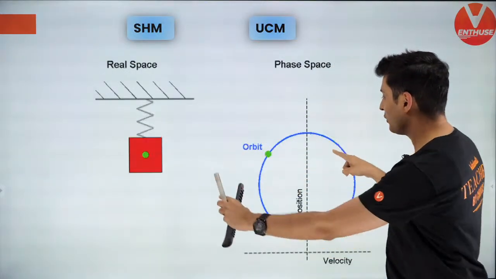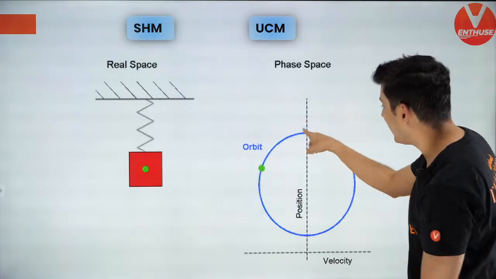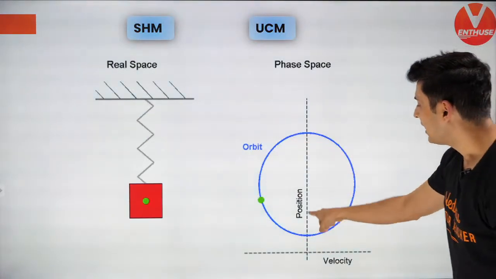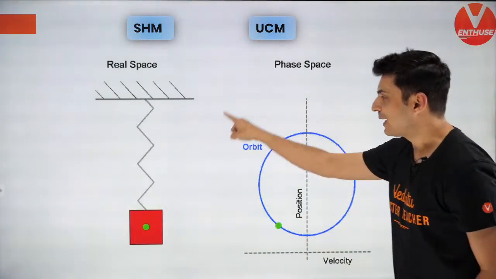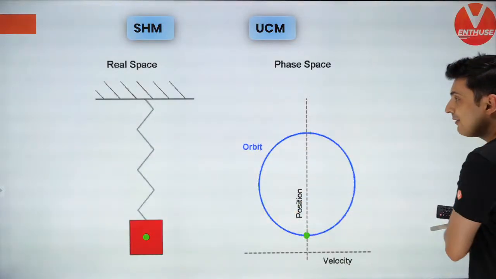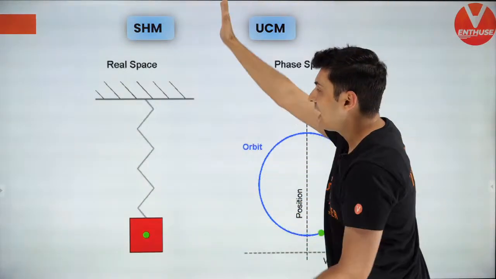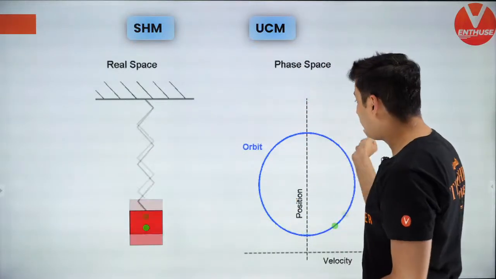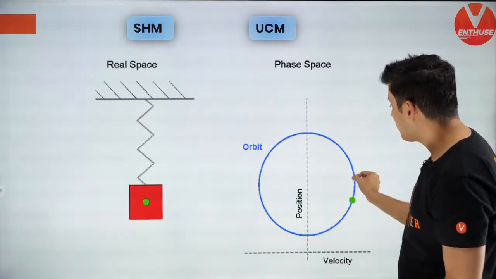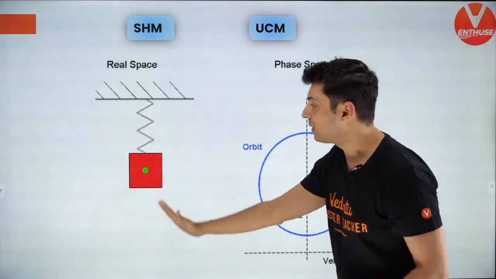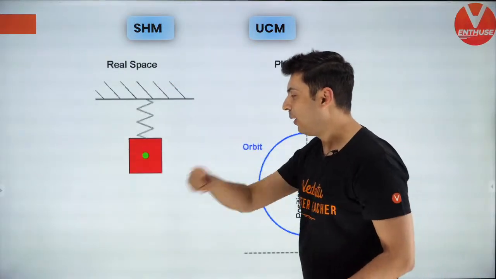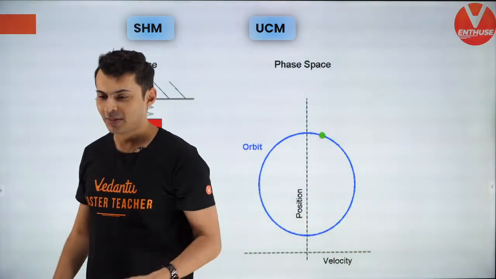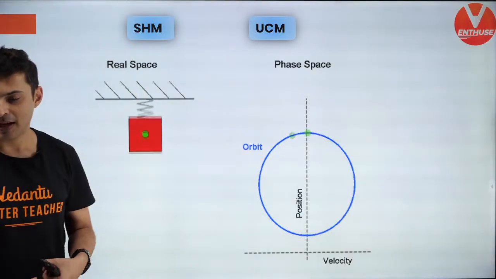You can see that. If you look only at the y coordinate, only that y coordinate is performing SHM. So if light is falling from one side and you are seeing the shadow of a particle performing uniform circular motion on that wall, that shadow performs SHM. Interesting, isn't it? I hope this is clear.